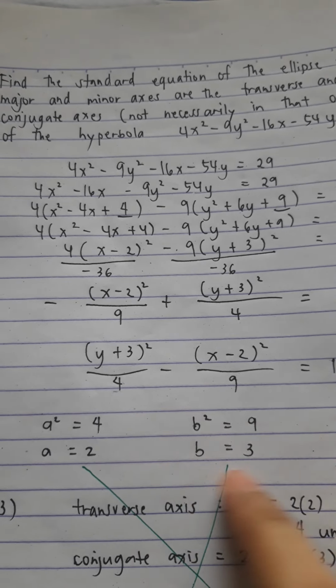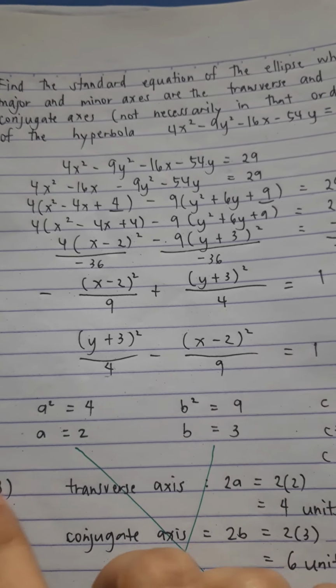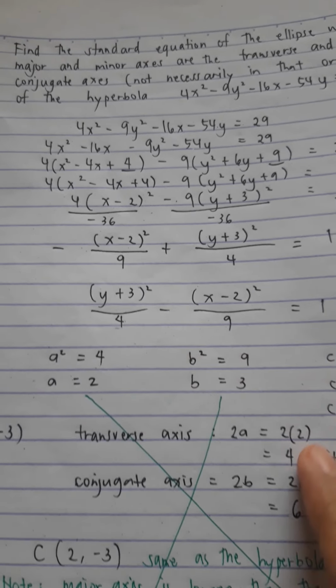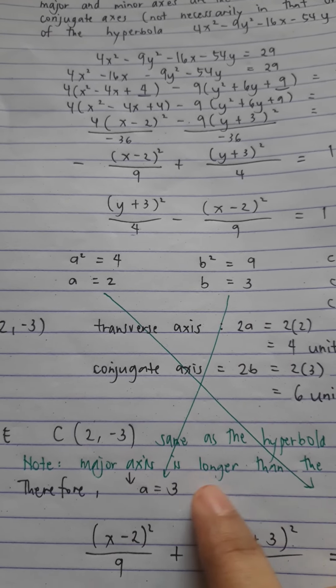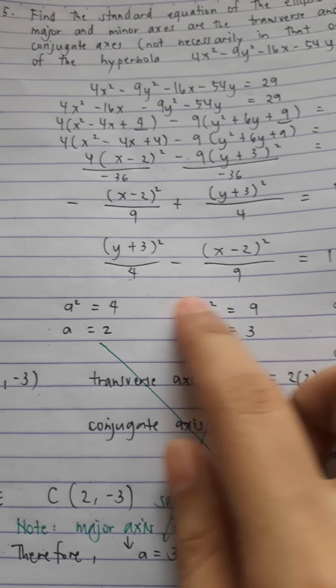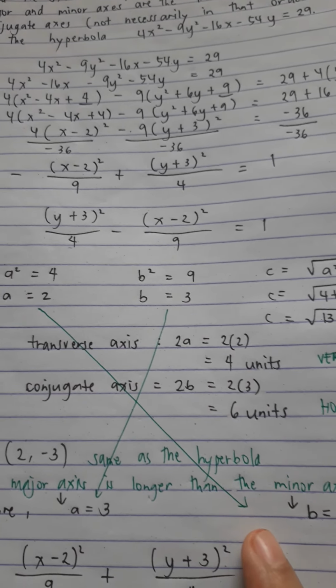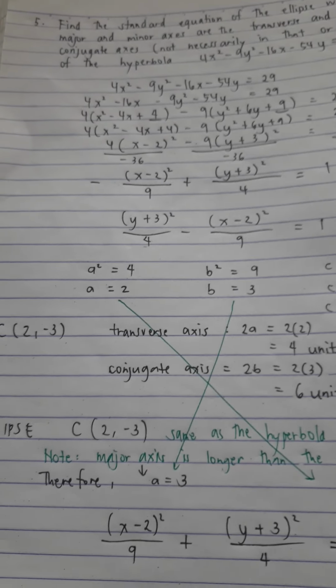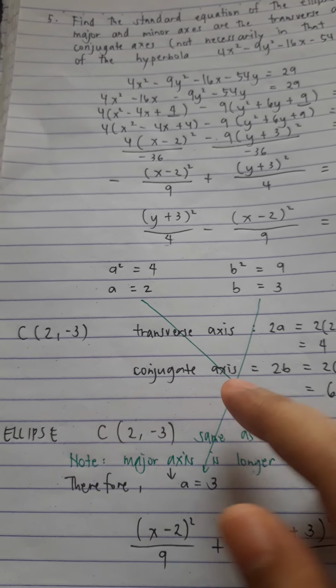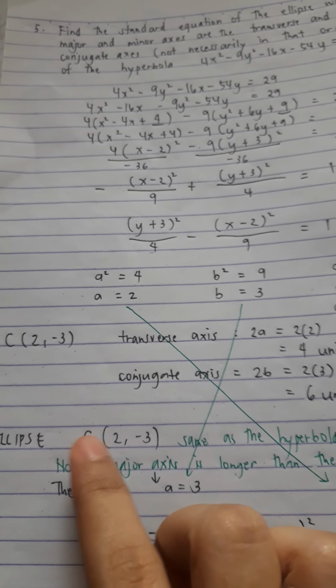That is 3. Therefore, for the ellipse, 3 is the value of A that will represent the major axis. And then 2 is the value of B, which will represent the minor axis. So we'll just substitute. We have the same center as the given hyperbola, 2, -3.